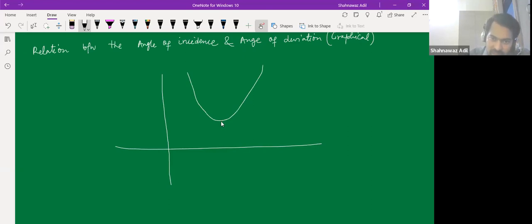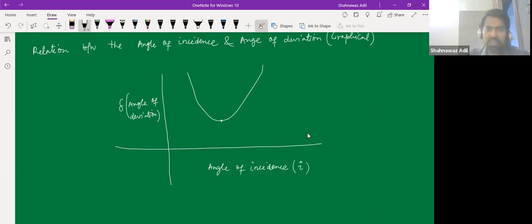And at this point, so this y-axis is what? This is angle of deviation. And x-axis is angle of incidence, right? So you guys can see that at this point, what is the angle of deviation?